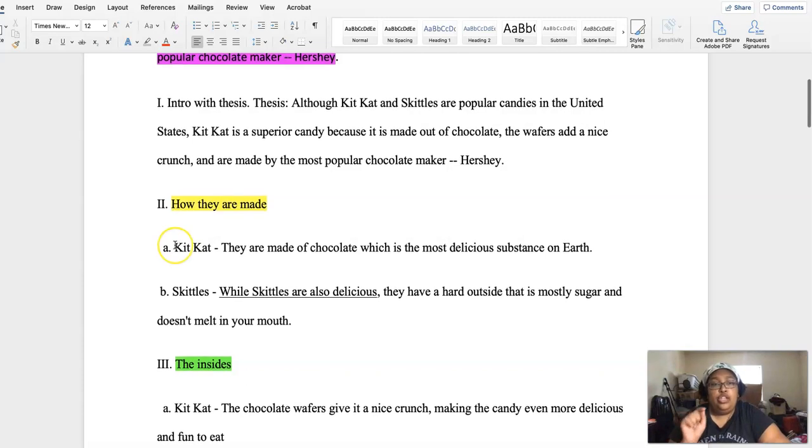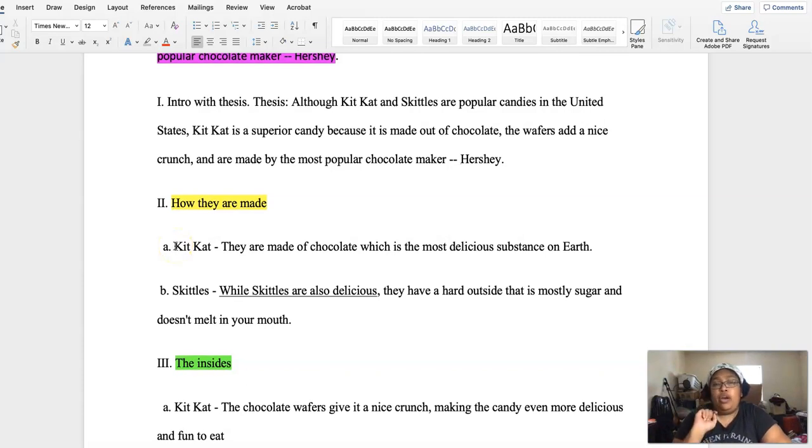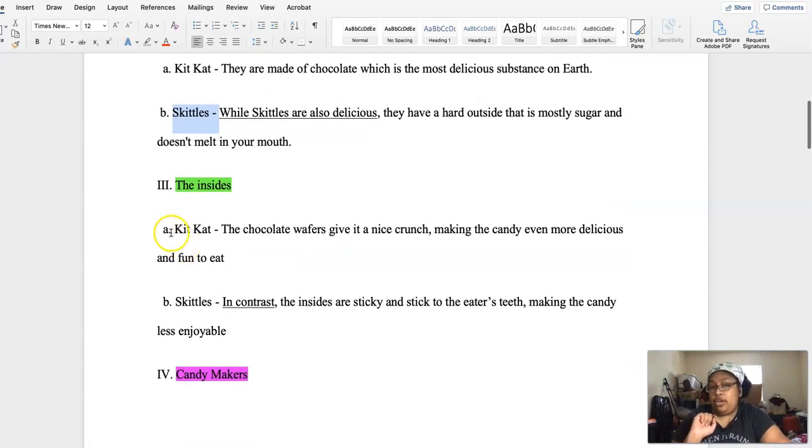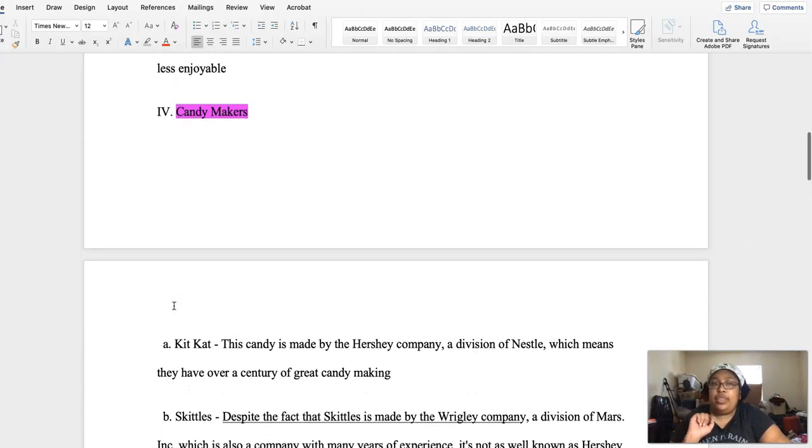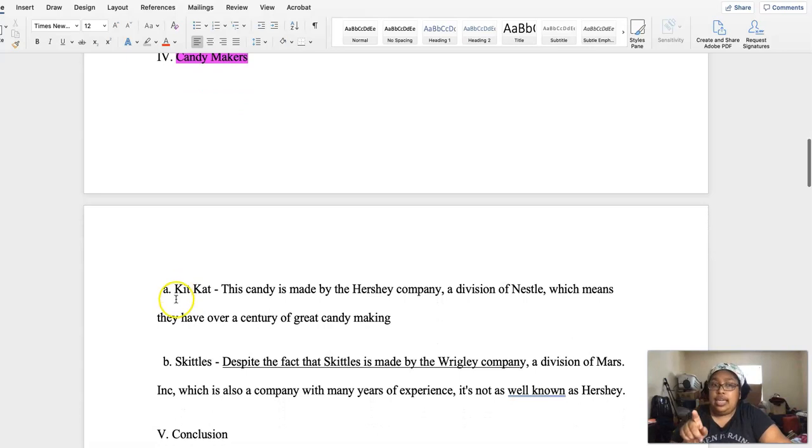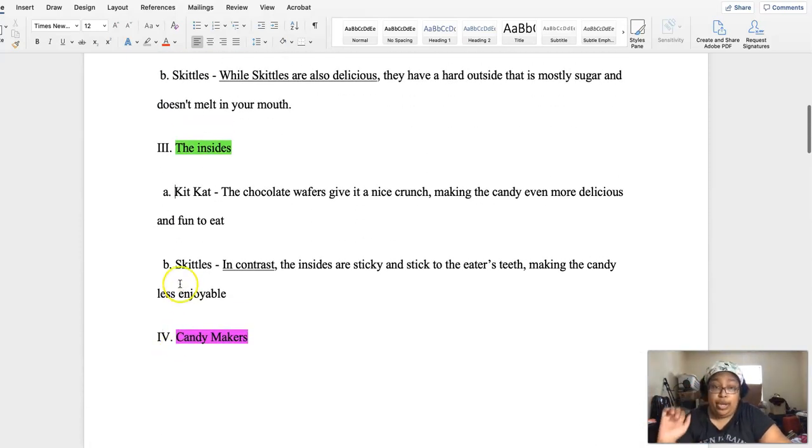What I mean by that, you see how in the yellow paragraph, we started with Kit Kat and then we transitioned into Skittles? Do you notice in the green that we start with Kit Kat and we transition into Skittles? And we did the same with the pinkish purple section, Kit Kats into Skittles. We did not vary from this pattern. We did not go into, say, the green paragraph and start with Skittles and then go to Kit Kat.